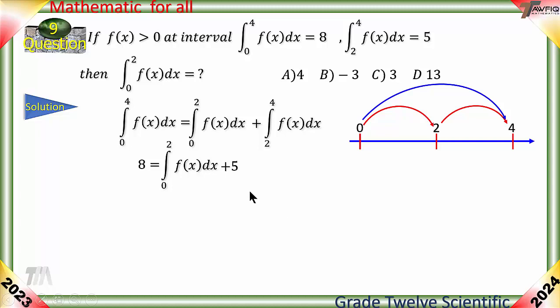By moving 5 from right to left, the integration from 0 to 2 of f of x dx is equal to 8 minus 5, which is equal to 3. That means C is the correct answer.